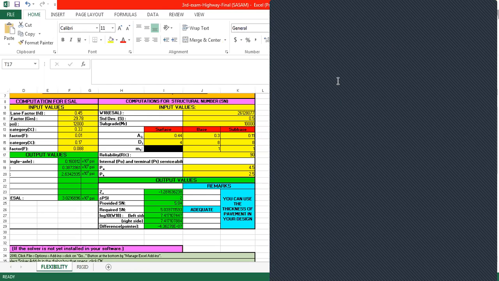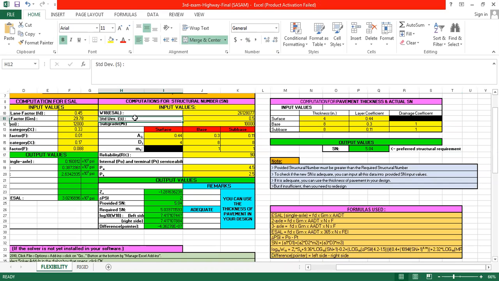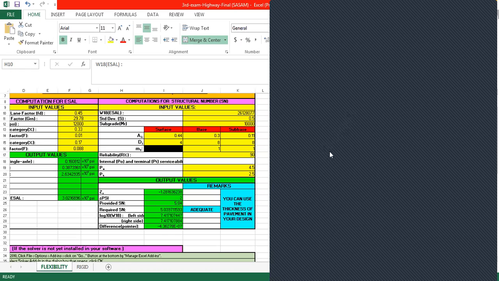So here in this problem, again, with all the given information, we just need to input the values in their corresponding label. So in here, the ESAL would be this one, 26,128,077.